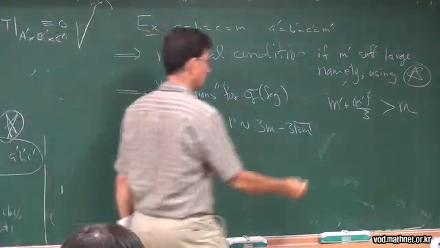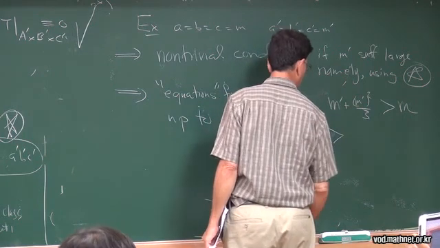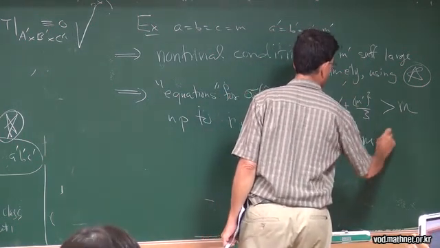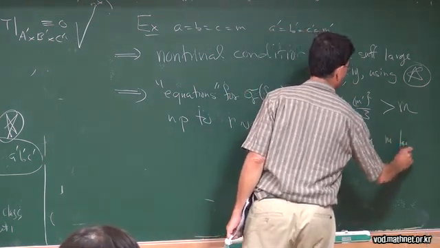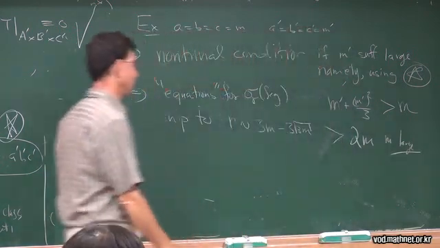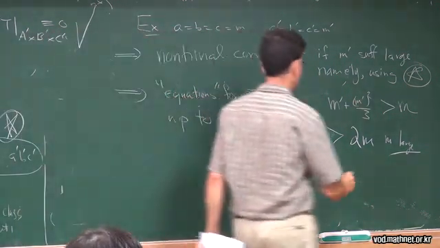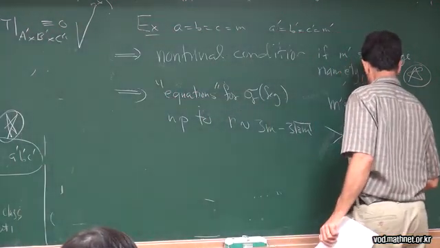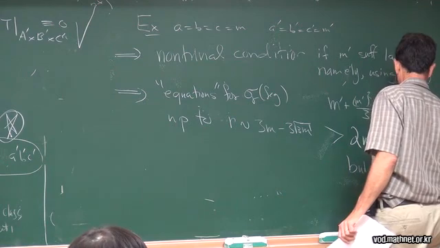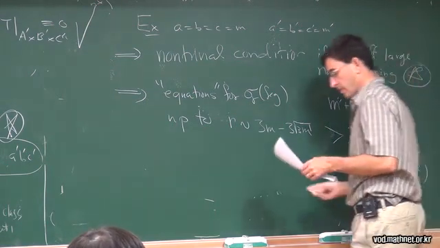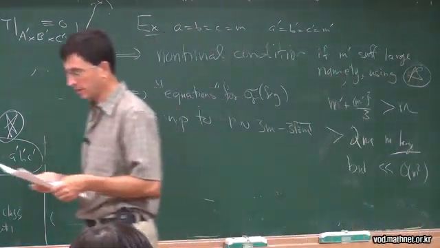Which, notice, is greater than 2m for m large. But still much, much less than anything resembling m squared. Needless to say, it's still linear.